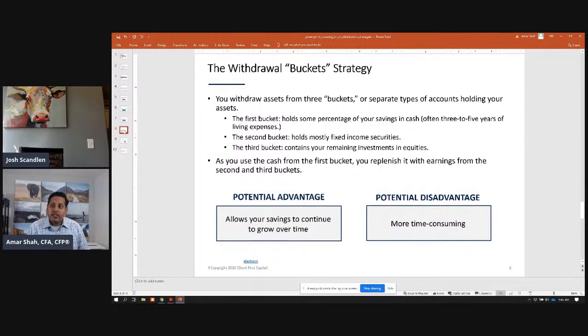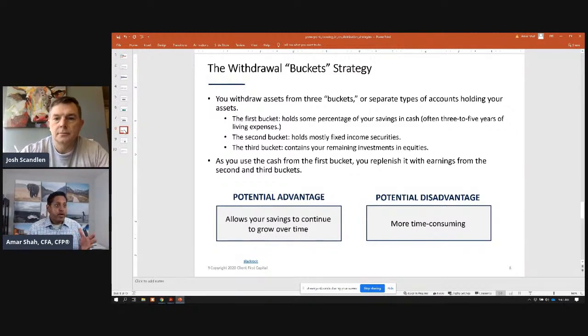Bucket 2 has enough fixed income securities. Here I probably disagree with this. It would probably need some preferred securities or convertible bonds or something tied to equities because of interest rates being so low. And the third bucket is the remainder of your equities.